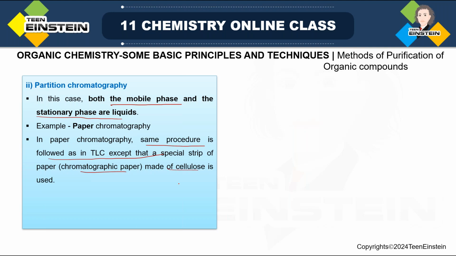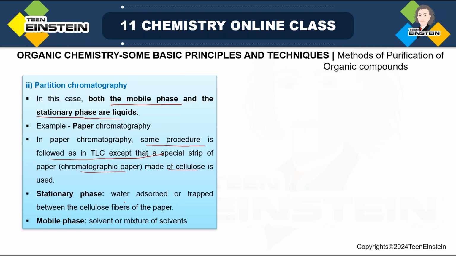Now, if it is paper, then how is the stationary phase liquid? That question may arise. So what happens? Here the stationary phase is water molecules absorbed, or you can say trapped, between the cellulose fibers of the paper. When you touch the paper, obviously you will not feel it as wet. It will appear dry to you. But that doesn't mean there is no water stationary phase. There is already some water trapped between the cellulose fibers of the paper.